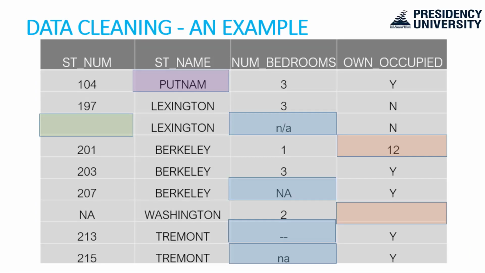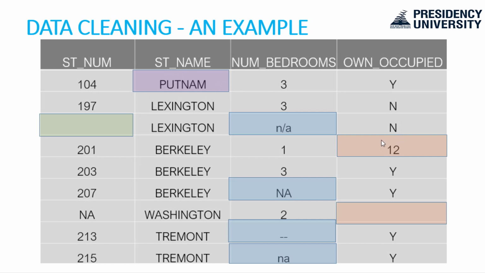Let us analyze the necessity of data cleaning using a sample dataset. This dataset on screen has 4 features: state number, state name, number of bedrooms, and own occupied. And we find certain redundancy in the data. There are places where the data is not entered, and places where the data is entered wrongly. In the state name, we have a value called Putnam, which is not a state name.